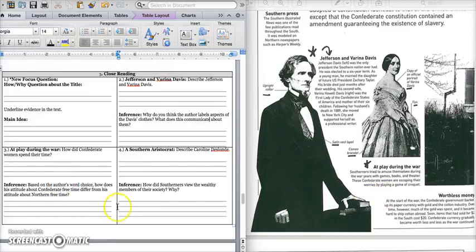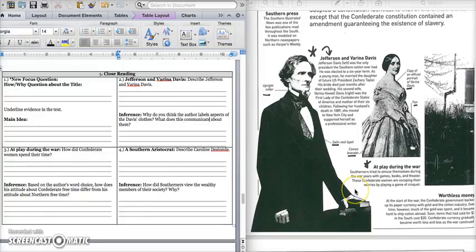Okay. It says, how did Confederate women spend their time? Well, our text tells us that they played games, read books, and were involved in theater. And then based on the author's word choice, how does his attitude about Confederate free time differ from his attitude about Northern free time?